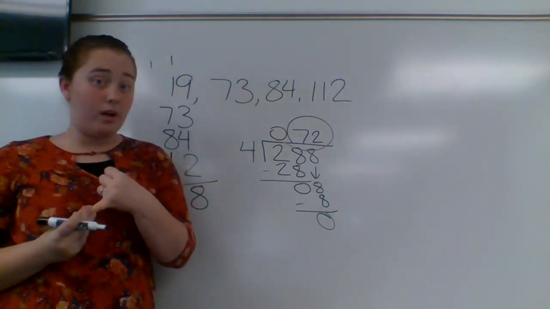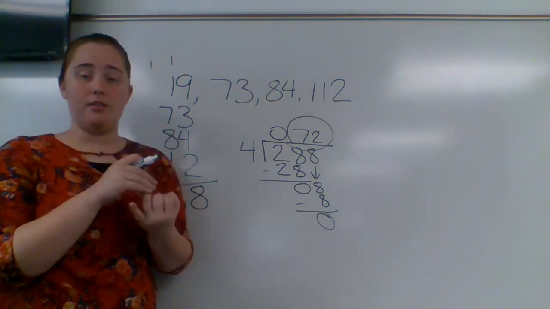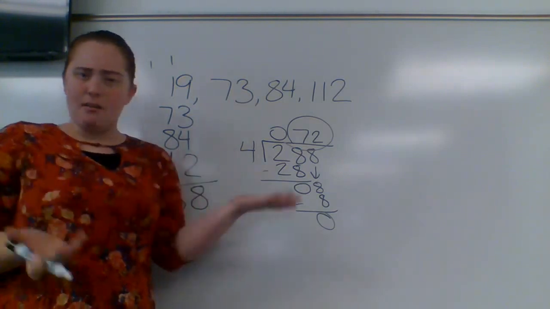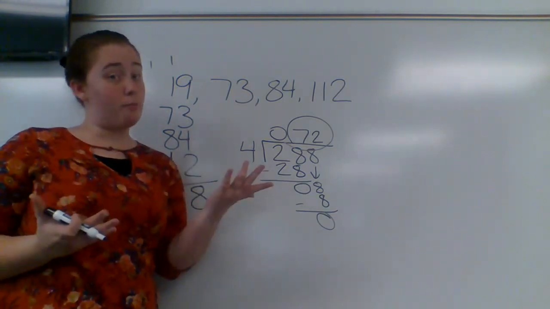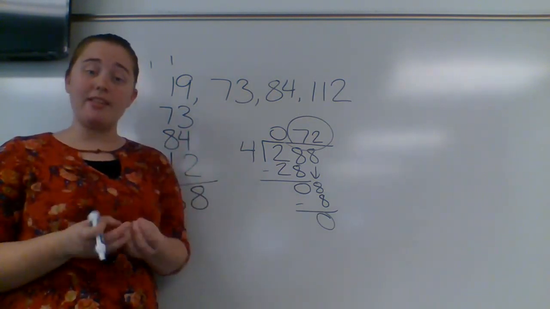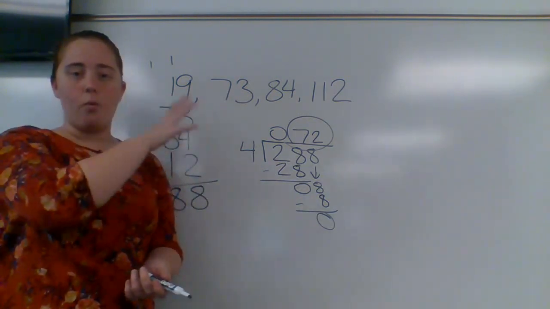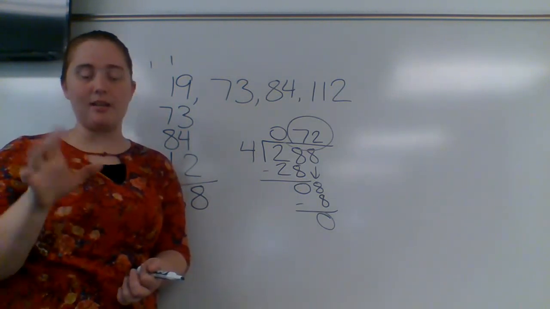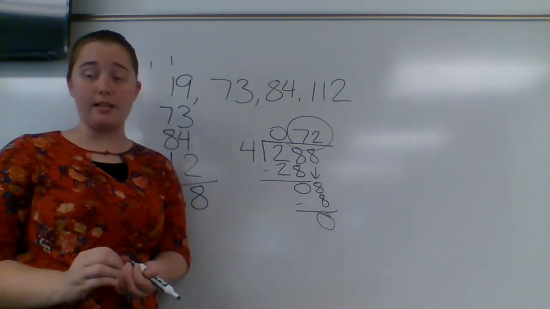Maybe you struggled with 1. Maybe you struggled with multiplication but not averaging. Maybe you struggled with averaging but not multiplication. Maybe you didn't struggle with either. Maybe you struggled with both. So everyone had like their own unique situation going on with their math test, but I wanted to make sure that I went over both averaging and multiplication, the 2-digit multiplication, just in case you needed me to go over it.